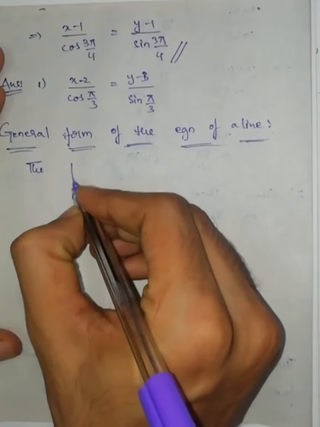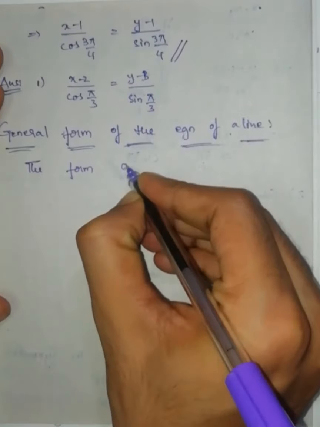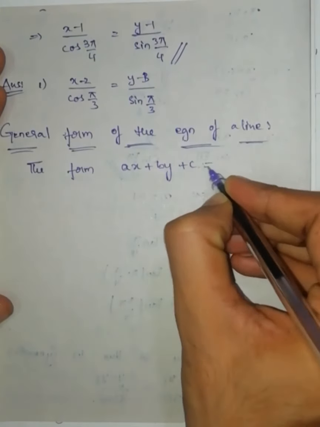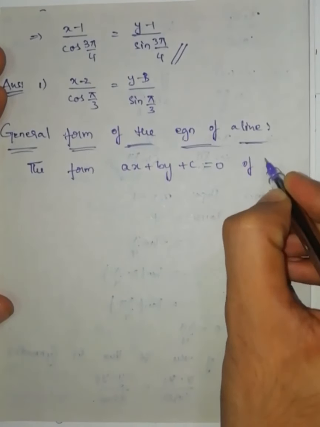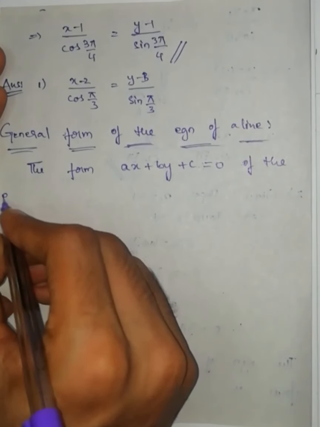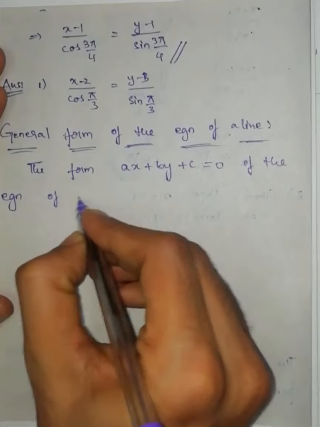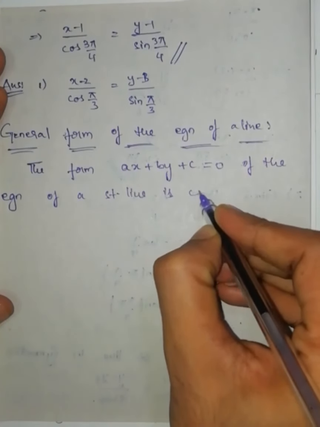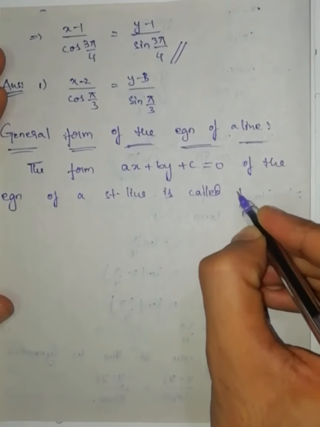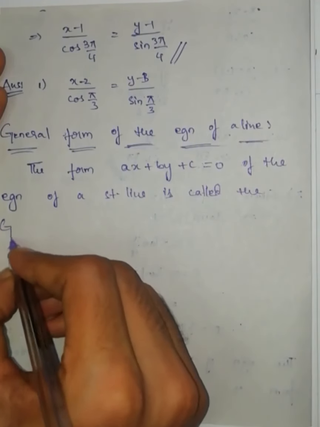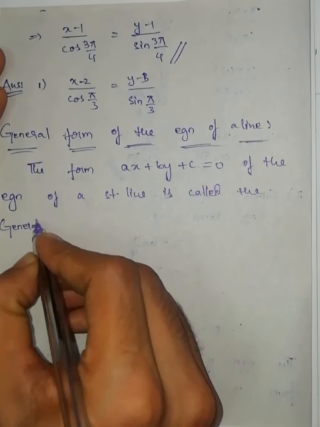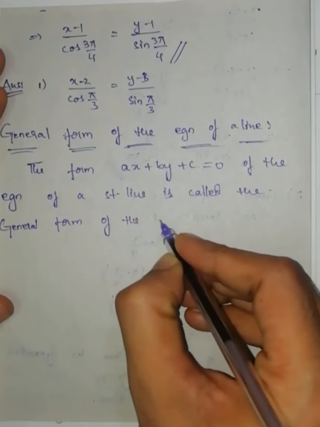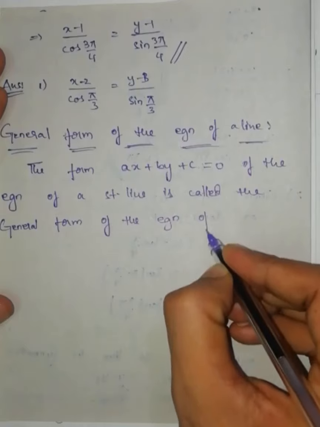Now the most general form of the equation of a line. The form ax plus by plus c is equal to 0 of the equation of a straight line is called the general form of the equation of a line.